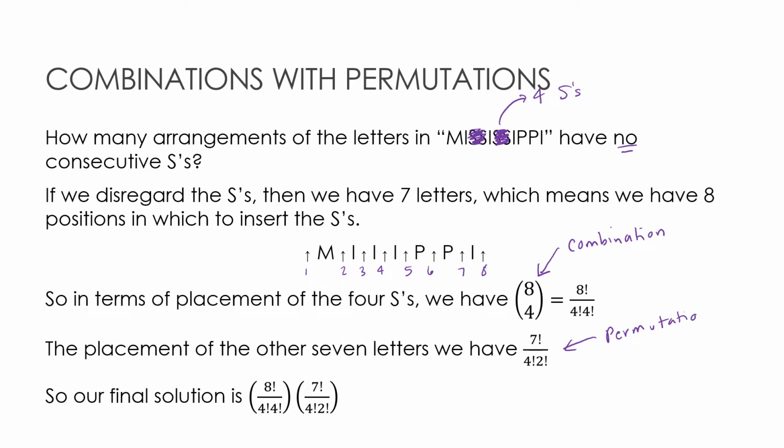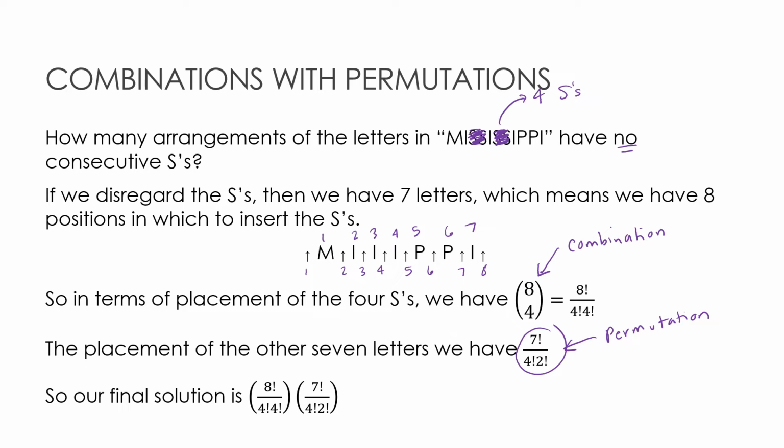because what I'm saying is I'm going to permute the 1, 2, 3, 4, 5, 6, 7 letters that I have left over. The order of those is going to make a difference because it's going to be a different arrangement. So again, that's 7 factorial over 4 factorial, 2 factorial. Now where did that come from?